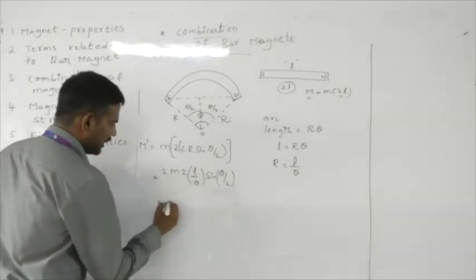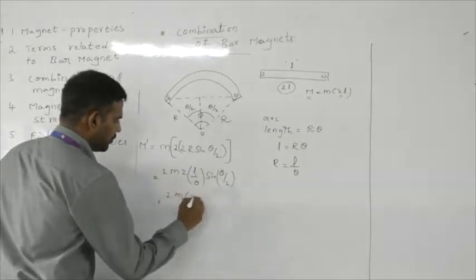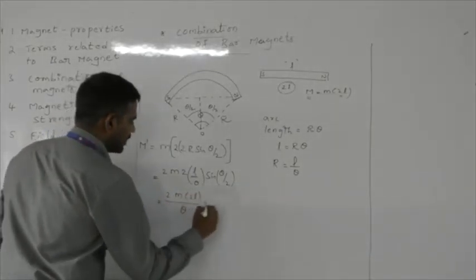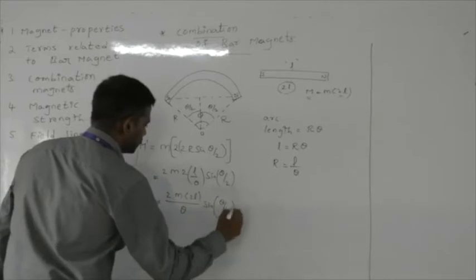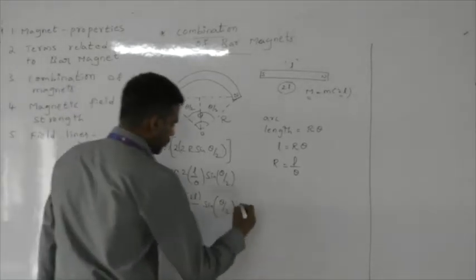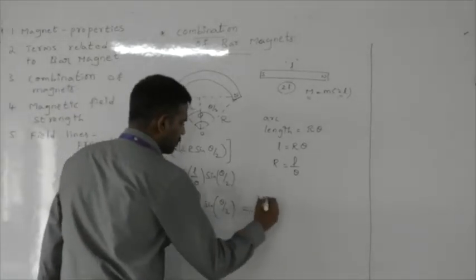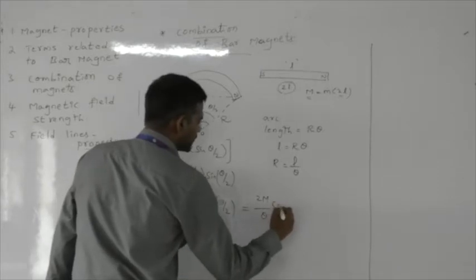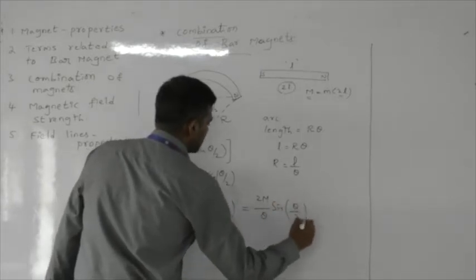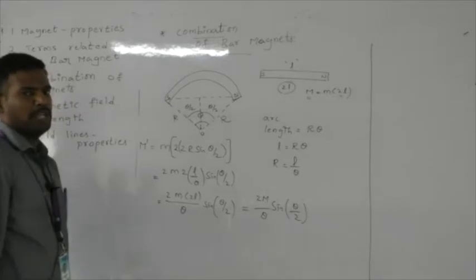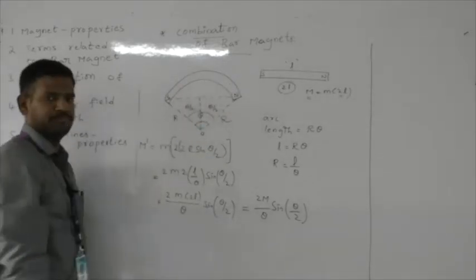Then what could I write here? 2 times M into 2L divided by theta, sin of theta by 2. Therefore, what can I conclude here? I can conclude 2M by theta times sin of theta by 2. This is the new magnetic moment of this arc.